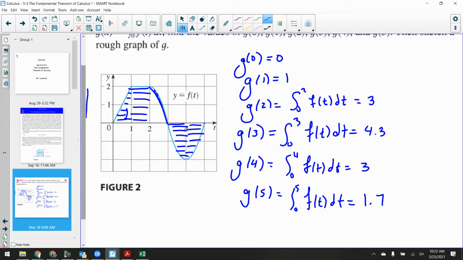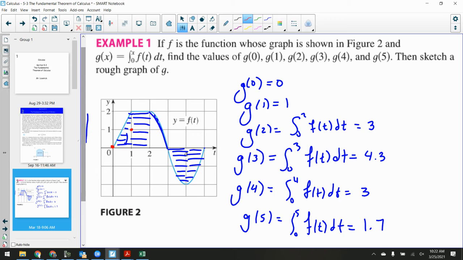Let's see what this thing looks like. I'm going to graph it in red here. 0, 0, 1, 1. And I think I'm going to have to go up a little bit. 2, comma 3. Let me extend this up a little bit. Okay, here's like one value here. Somewhere up there. How much should we go up to? 4.3?